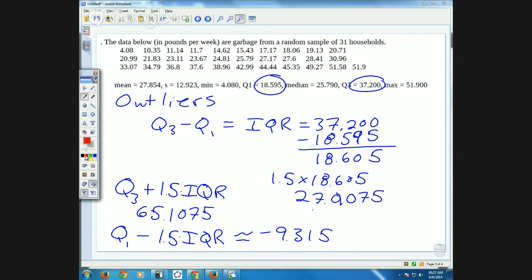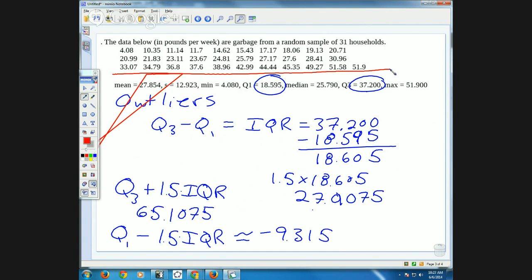Let's use red. If this is a number line, whoa, it's a messed up number line. All right, so let's see, what's our lowest number? The minimum is 4. What's my highest number? 51.